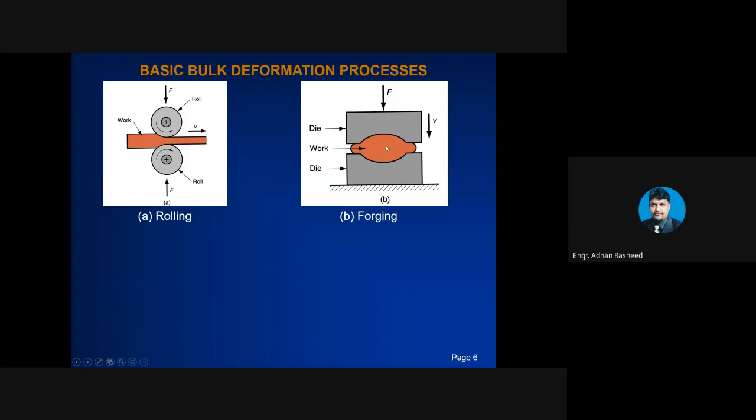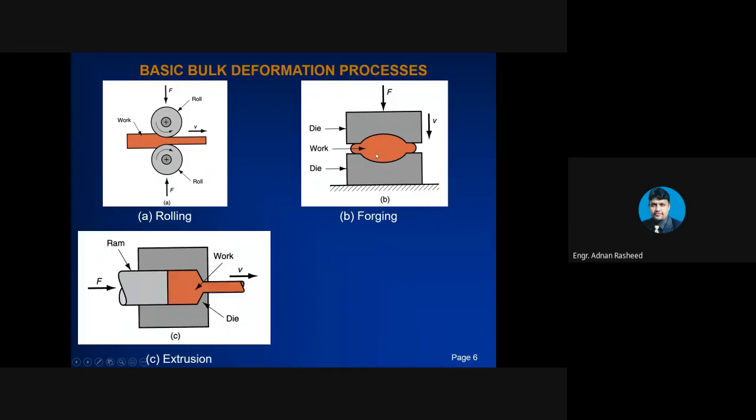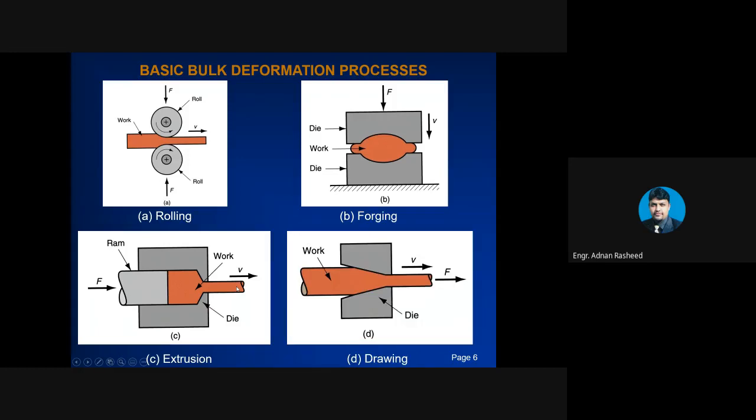The work is squeezed between these two dies, and the metal gets the desired shape. This is an example of extrusion. There is an opening, and the metal is forced to pass through this opening, and it will get the shape. That is extrusion. And this is the drawing operation, in which you draw the metal through this opening, and the diameter of the piece is reduced.